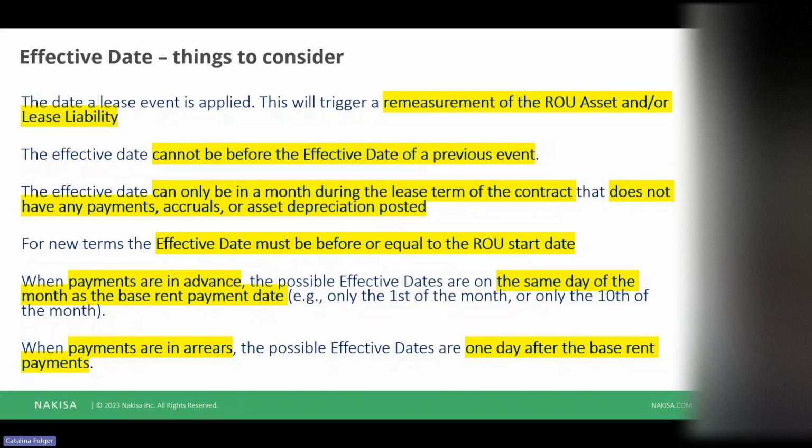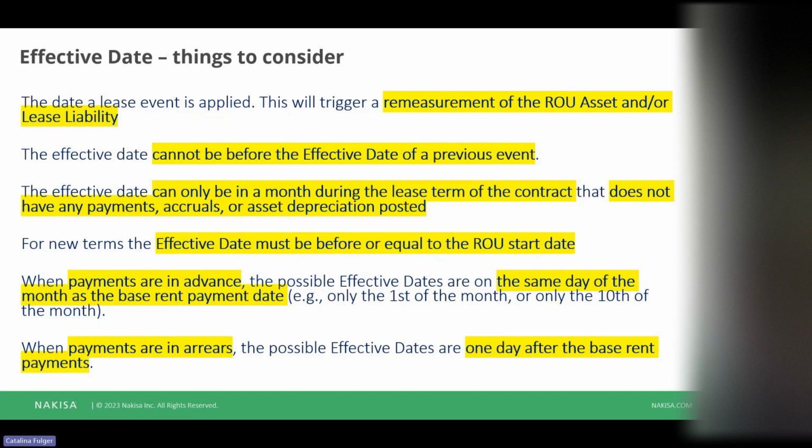Sorry, coming back to the effective date and the lease modification. As I was saying, when you apply the event, you need to choose a period that is open from your accounting point of view, a period where you haven't posted your periodical transactions, and by that I mean the payments, accruals, and the asset depreciation.